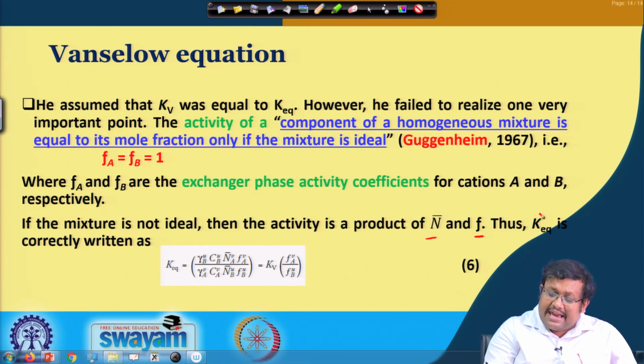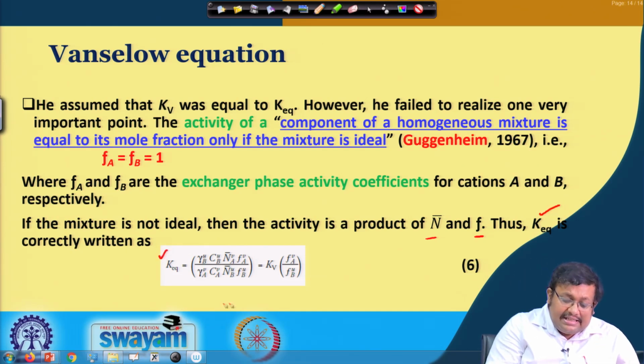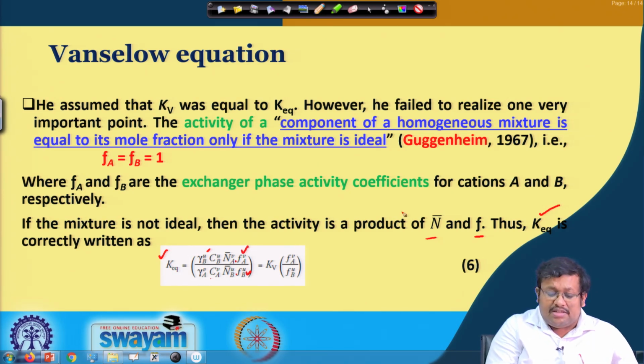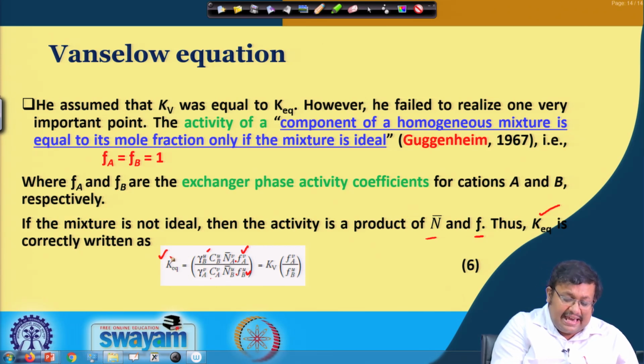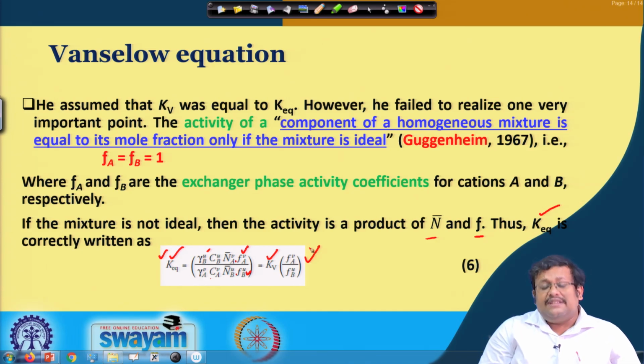So, Keq will now take this form. This was previously there, and now we are multiplying this Fa and Fb with the mole fraction to express Keq in terms of Kv and the ratio of the exchanger phase activity coefficients.